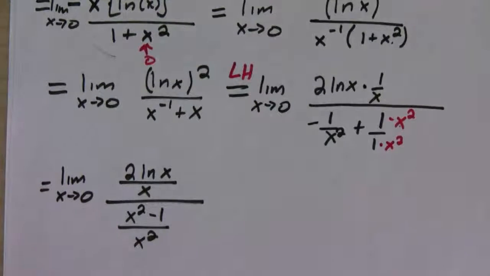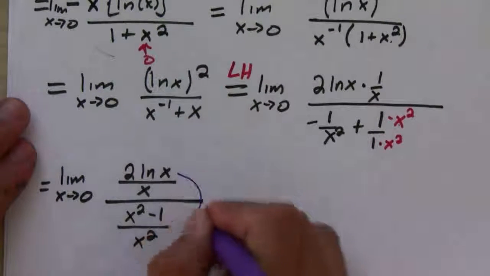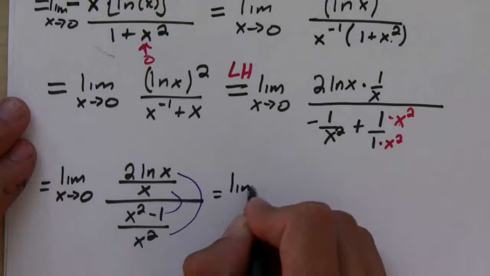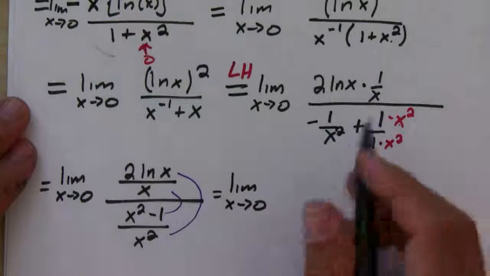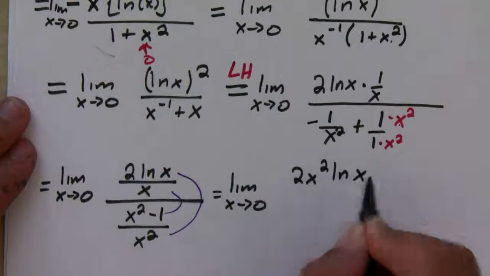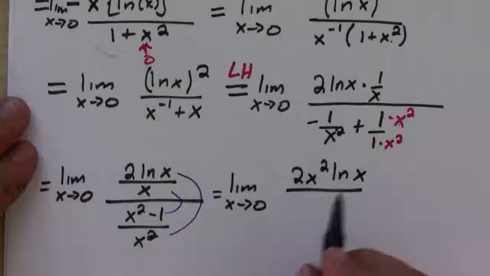Okay, and then if I do my tortilla here, what I'm going to get is the limit as x approaches 0 of 2x squared natural log of x over x times x squared minus 1.